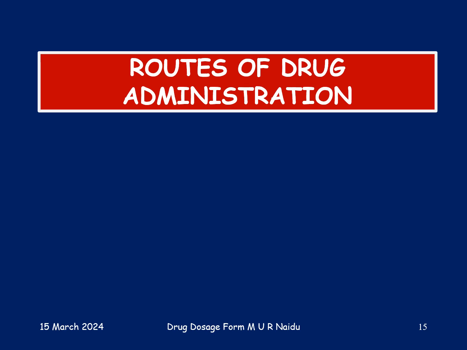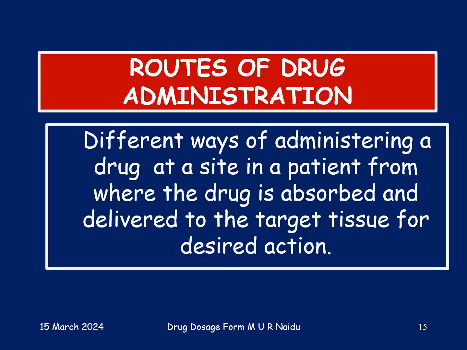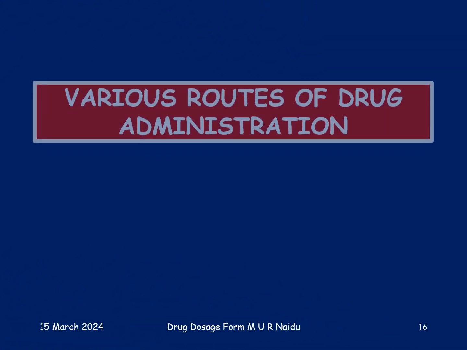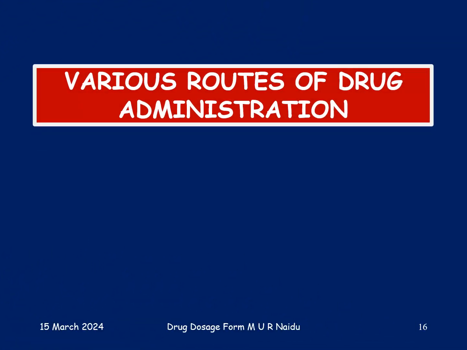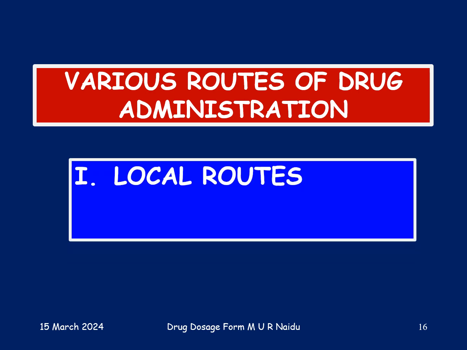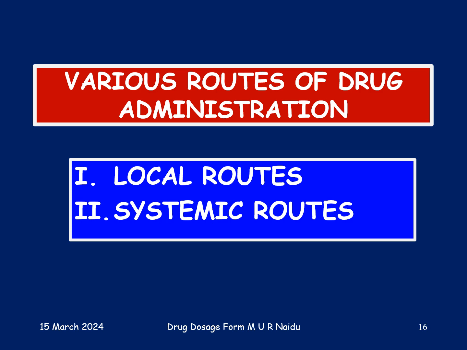Route of drug administration: the different ways of administering a drug at a site in a patient from where the drug is absorbed and delivered to the target tissue for the desired action. So route of administration is very, very important. Various routes used for the treatment of disease include local route and systemic route.